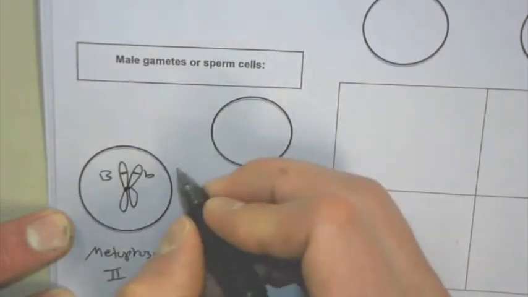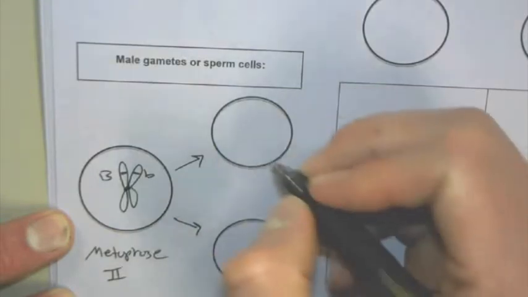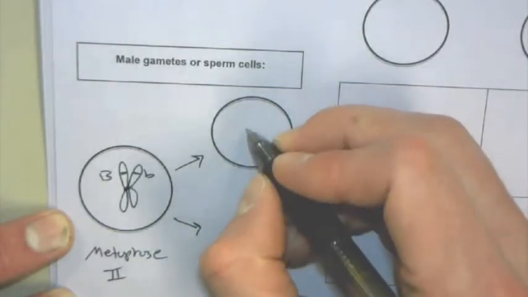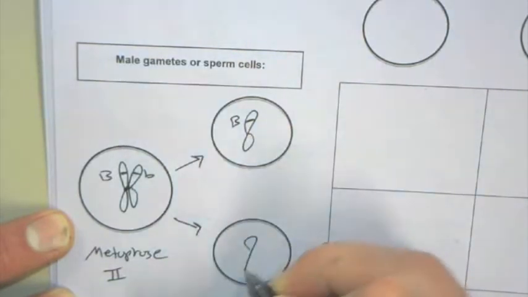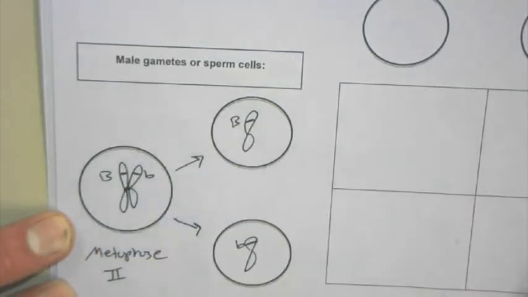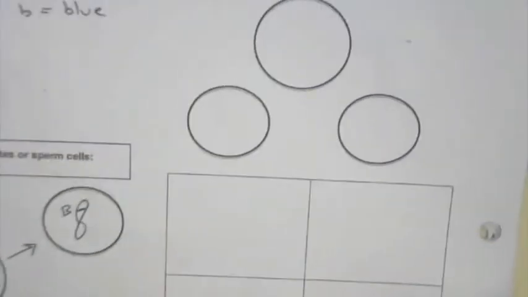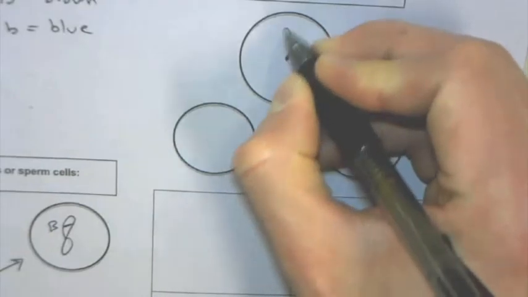And so after anaphase and telophase 2, we're going to see the production of gamete cells that would look like this. This represents the male gametes.